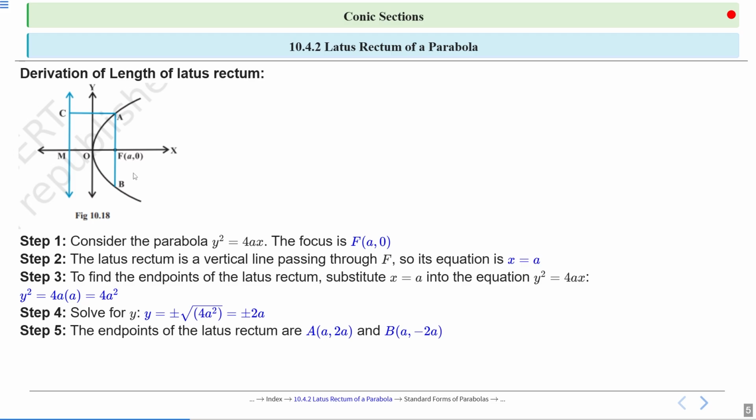So the coordinates of point A are (a, 2a) and the coordinates of point B are (a, minus 2a). So the endpoints of the latus rectum are A (a, 2a) and B (a, minus 2a). Clear? I hope it is clear to all of you.